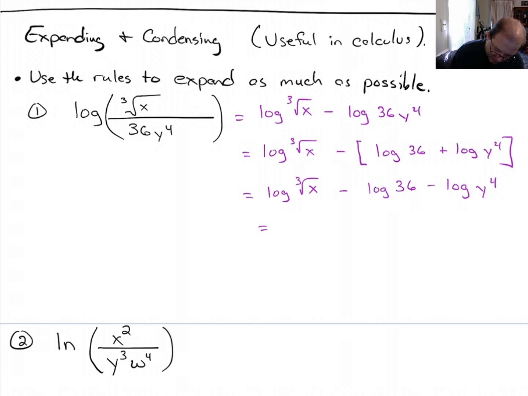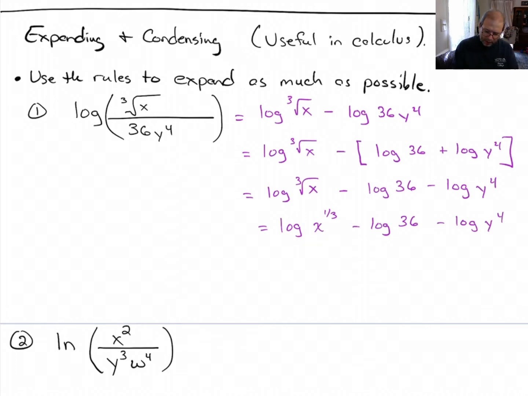So this becomes, let's rewrite this. Log of cube root is the same thing as x to the 1/3. And tell you what I'm going to do. This wouldn't be absolutely required, but since 36 is a perfect square, let's rewrite it as 6 squared.